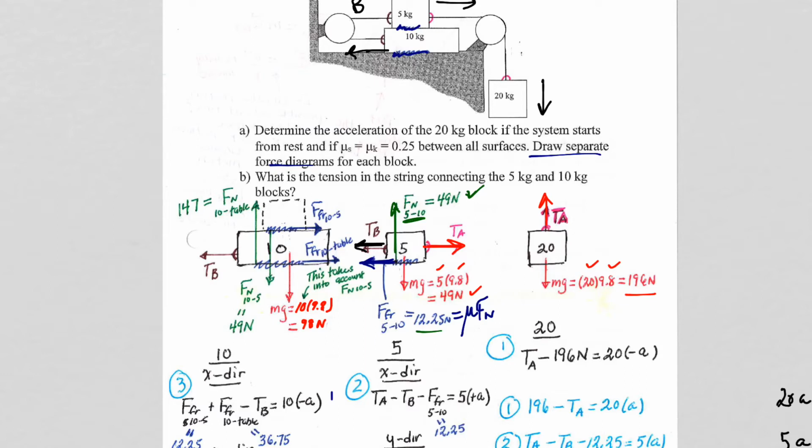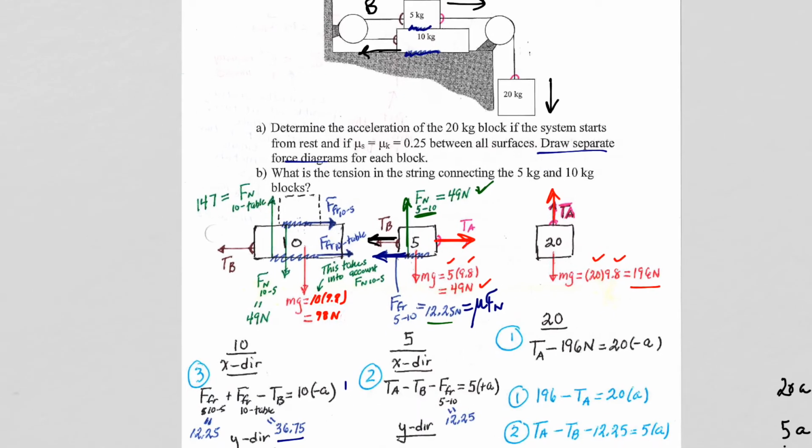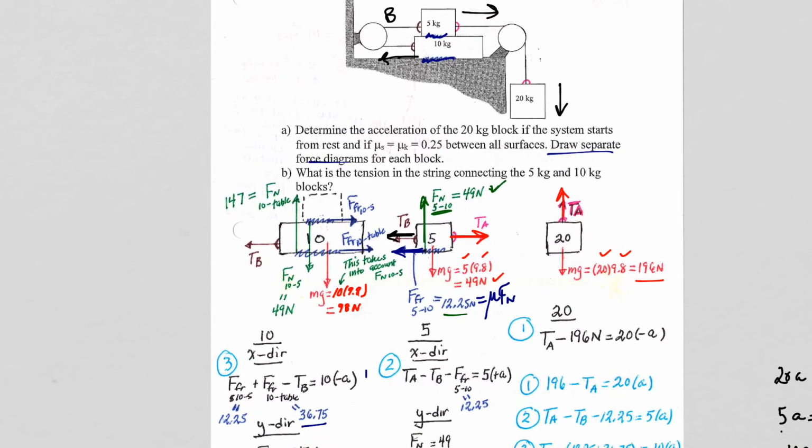Let's get this 10 kilogram block done in terms of identifying all the forces and putting in whatever values we can, and get on to solving the problem numerically. Okay, so without friction in this problem, we said that the 10 kilogram block would go to the left, right? Tension B will pull it to the left, and if there's no friction, it would have to move in that direction.